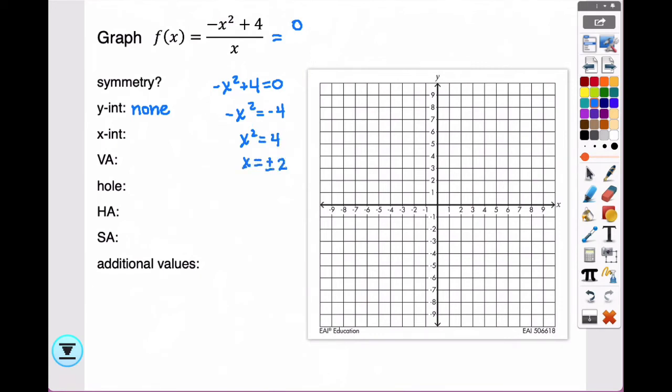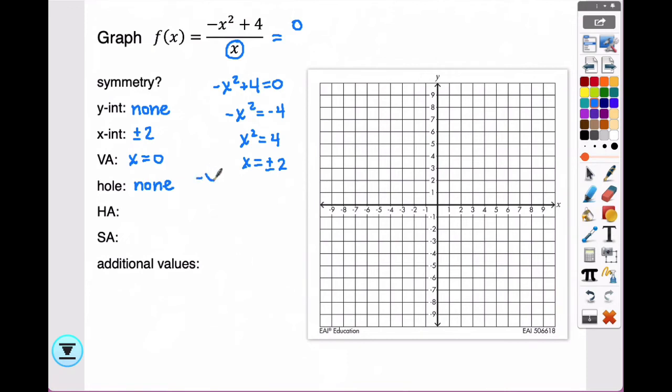It's looking like plus and minus 2 would give me a 0 on the top. My vertical asymptote, where the bottom is 0, would be at x equals 0. There aren't any matching factors on the top and bottom, so no holes.